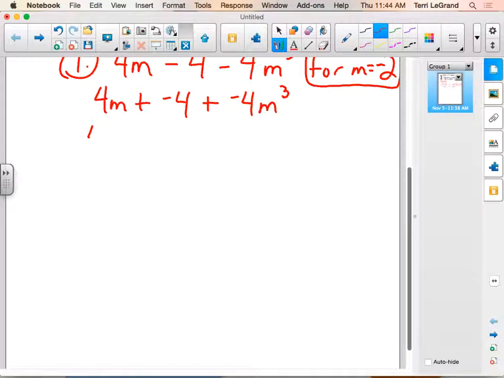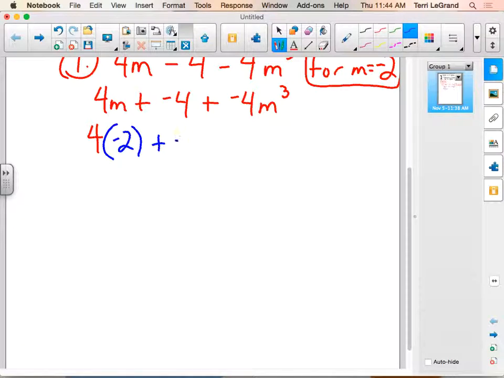In our substitution step, I'm going to use parentheses to show multiplication, and partly because I also need to put it in parentheses because it's a negative number that's going to be taken to a power. So let's put negative 2 in for m. That one is not going to be taken to a power, but later on it is.